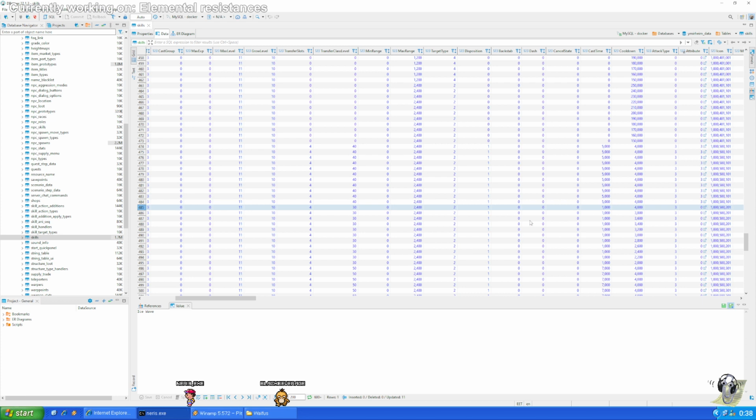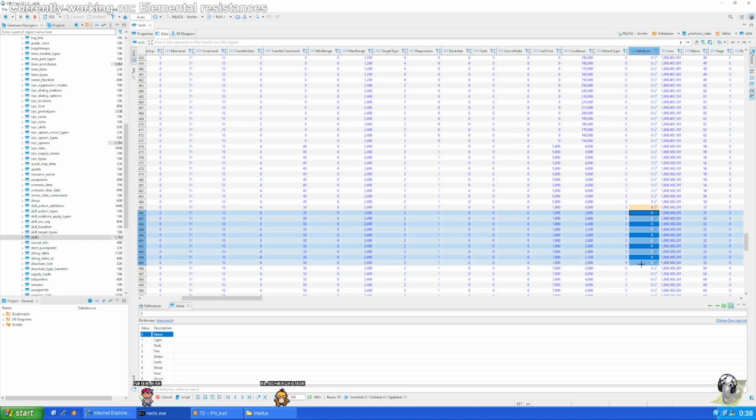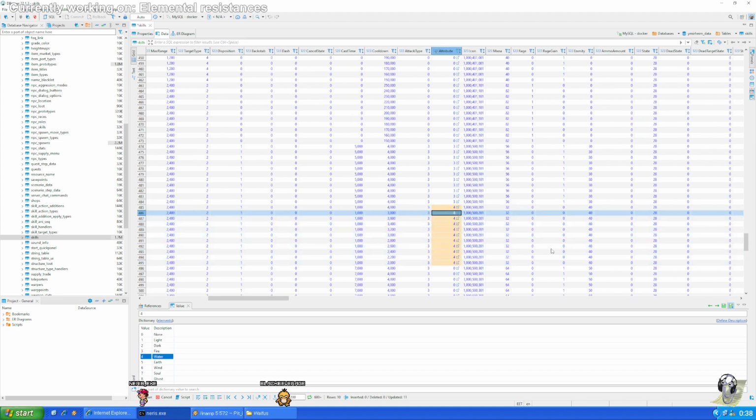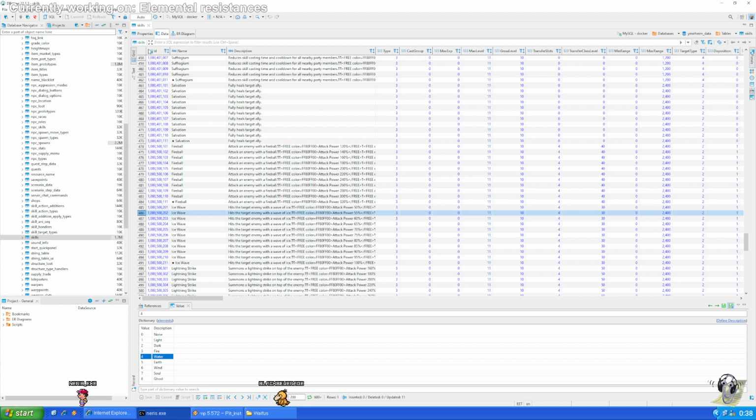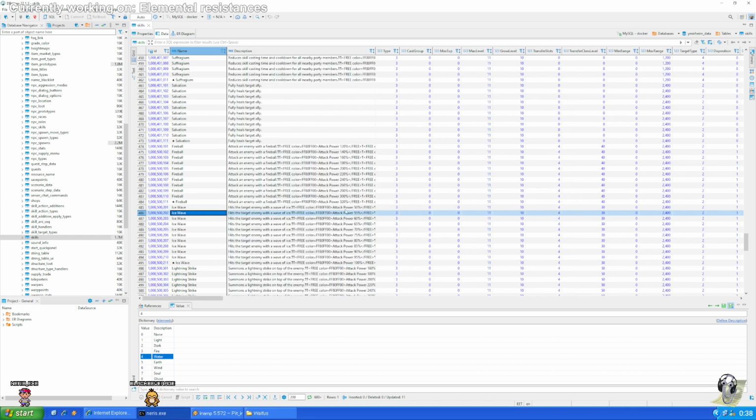And ice wave, it's water, like that. Actually, let me pin those two columns so I don't scroll all the time.